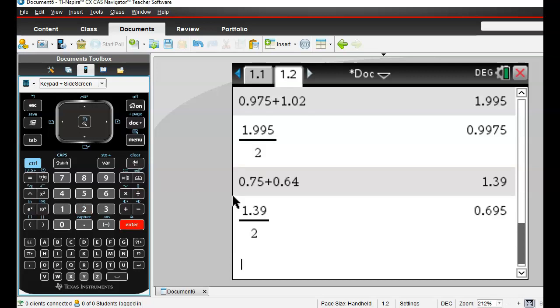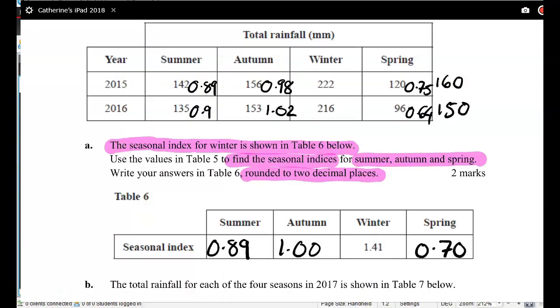We get 0.695, which rounds to 0.70. And bring that up. So that's what I've got there.